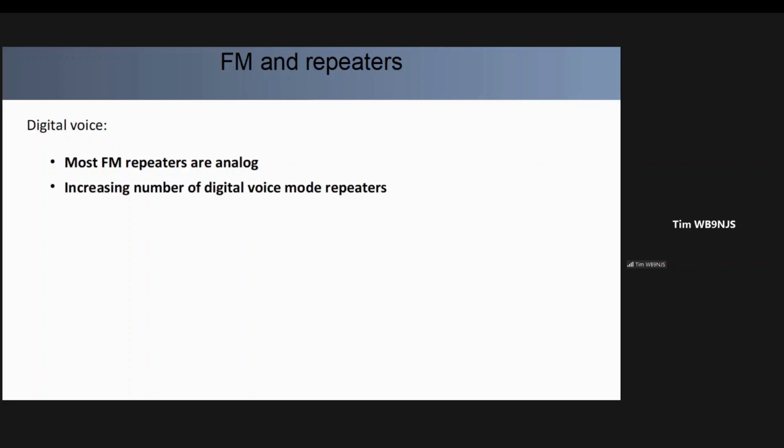These digital voice mode repeaters take that voice information, convert it to data, and then it's transmitted that way. If you hear a digital transmission on an analog receiver, it's going to sound like a burst of static or noise. It's not going to sound like a voice. Digital mobile radio, DMR, is a form of digital radio.